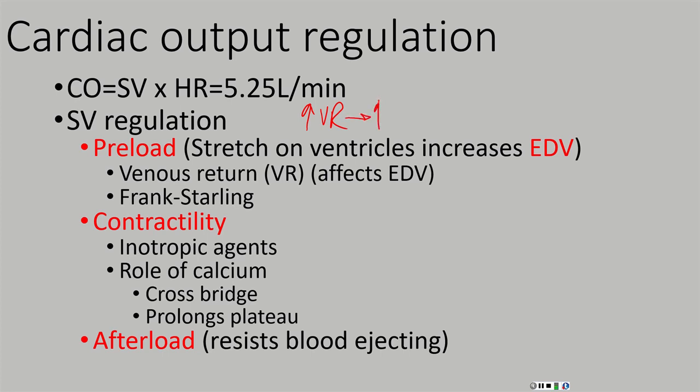Another way to say that is EDV increases. When venous return increases, when more blood is coming back to the heart, that causes there to be more blood inside the heart. Increased venous return leads to increased EDV. And increased EDV, we just saw, increases stroke volume. And when stroke volume increases, that increases cardiac output.